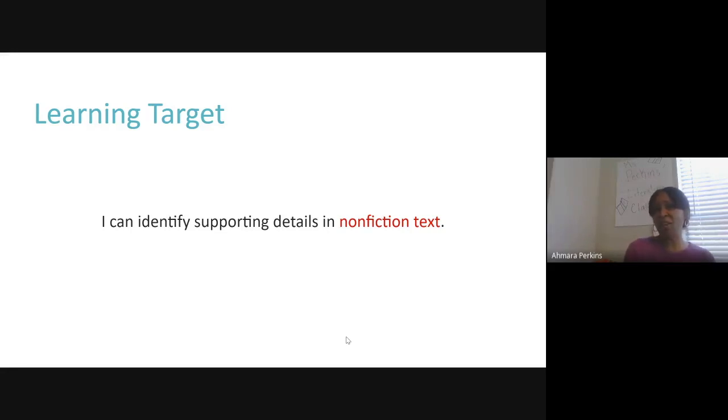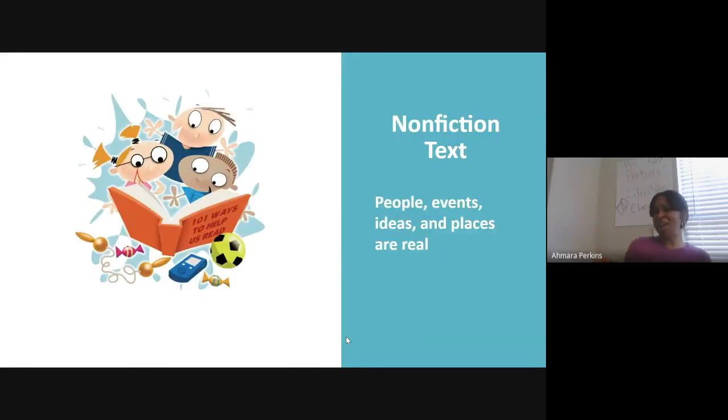So when we think of nonfiction text, what do you think it is? Okay, nonfiction text: people, events, ideas, and places are real. They really happen.